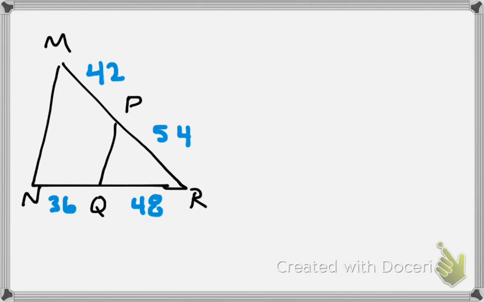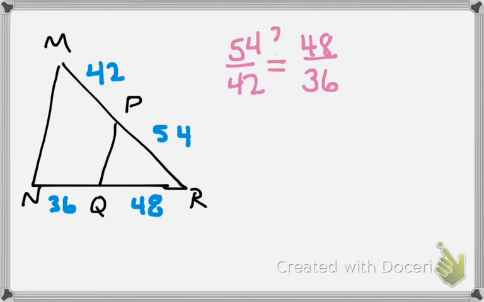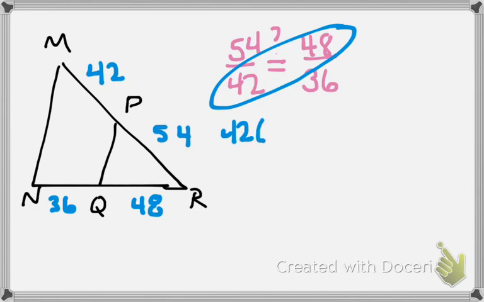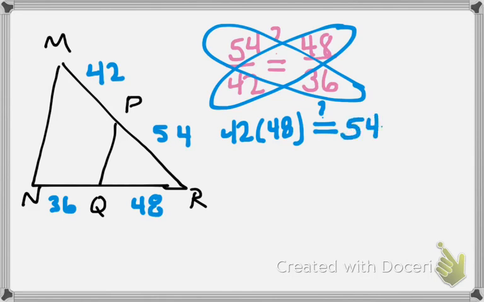So one more. Again, I want to see, is MN parallel to PQ? I have all of my segments. I'm just going to set up my ratio, then make up my other ratio, and again, watch your order because the order is extremely important, and we're testing to see if this is true or false. Cross multiply. Does 42 times 48 equal 54 times 36?